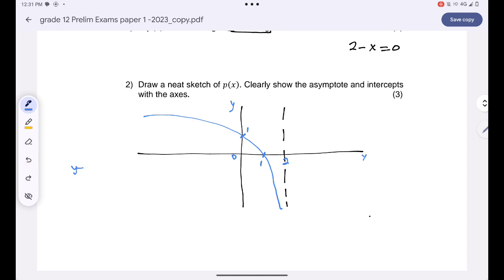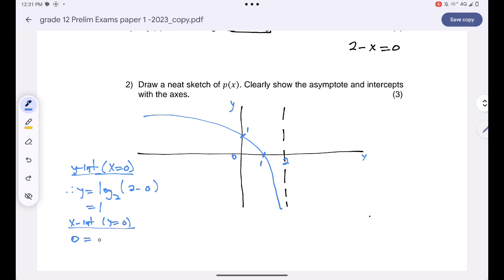For my y-intercept, I don't care what kind of a graph it is, I'll always make x equal to 0. And therefore y is equal to the log of 2 minus 0 base 2, this will just give me 1.